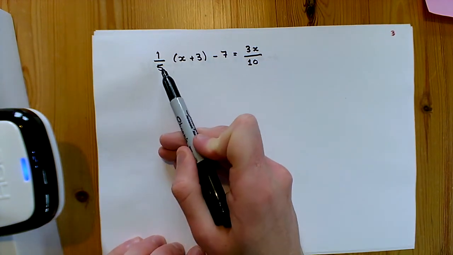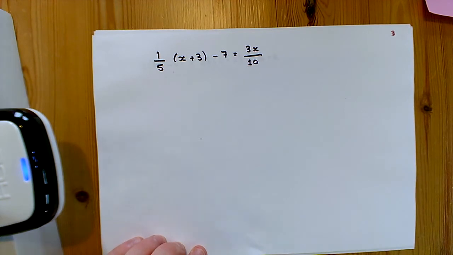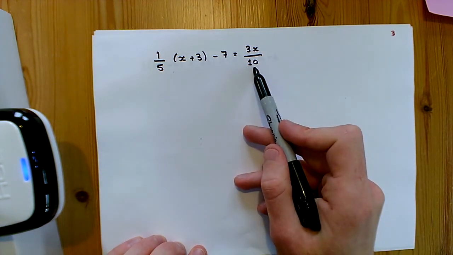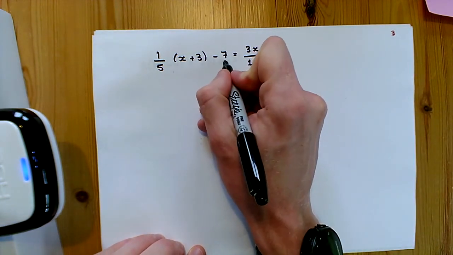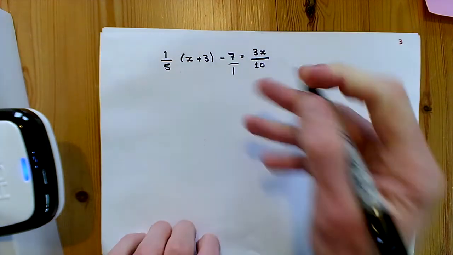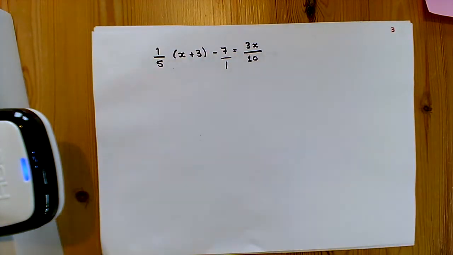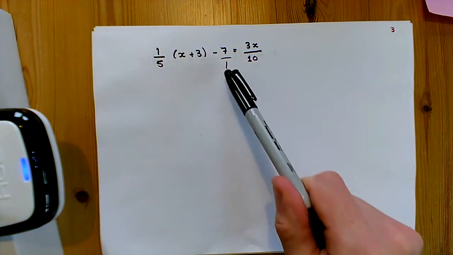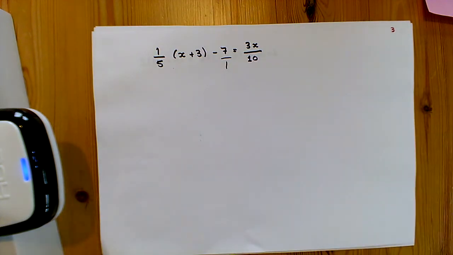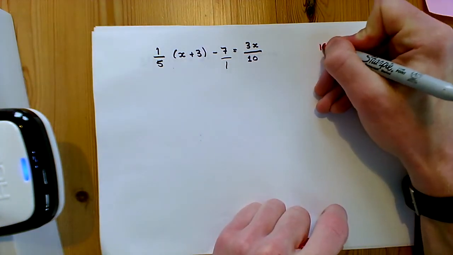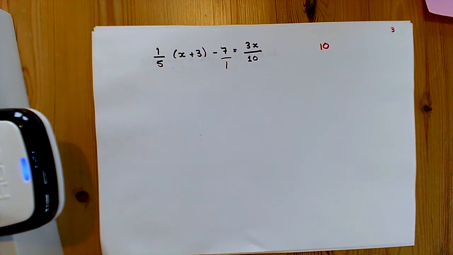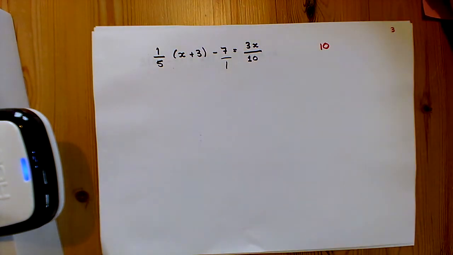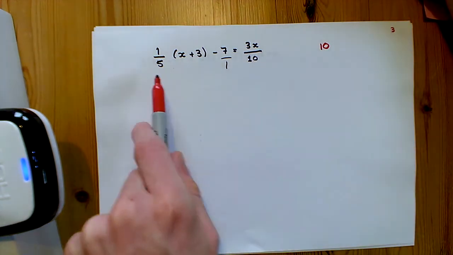So we can see we have 1/5, we have 3x over 10, and that minus 7, although it's not over a fraction, it's technically over 1, because anything over 1 is just itself. So what is the lowest common denominator of 5, 1, and 10? Hopefully we can realize that that is 10. 10 is the lowest common denominator of each of those denominators.